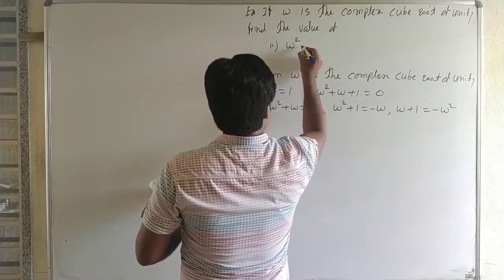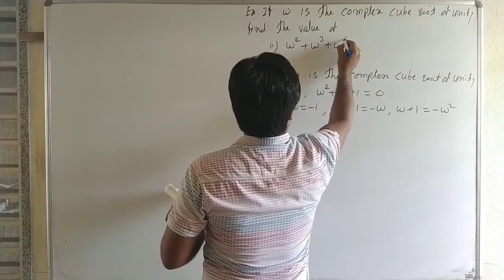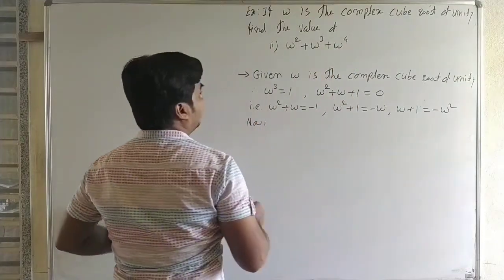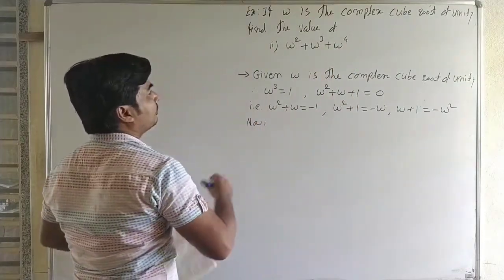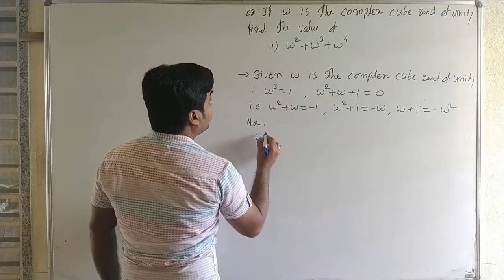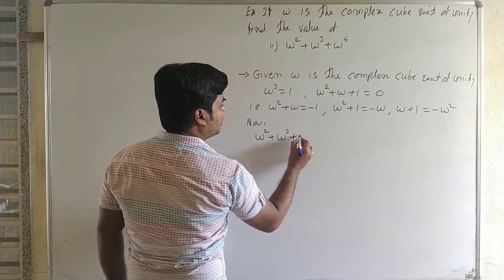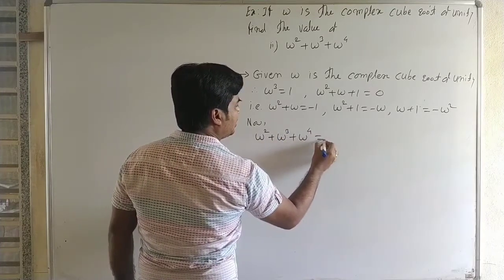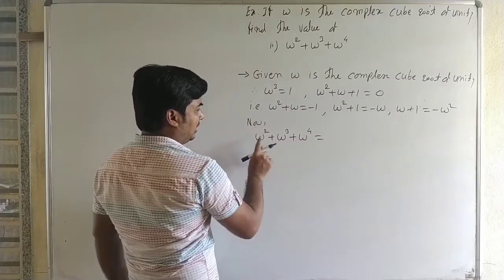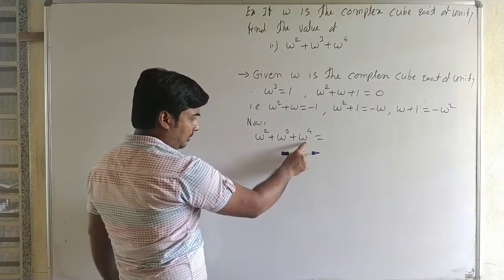Omega square plus omega cube plus omega to the power 4. Now here, we know that omega square plus omega cube plus omega to the power 4 is equal to... in the relation, omega square, omega cube, but it is omega to the power 4.